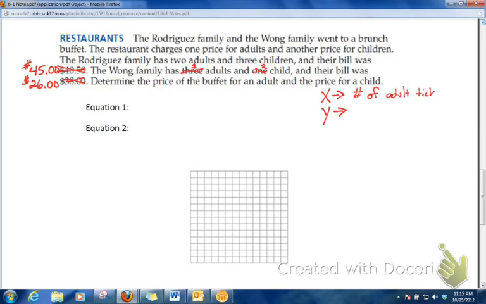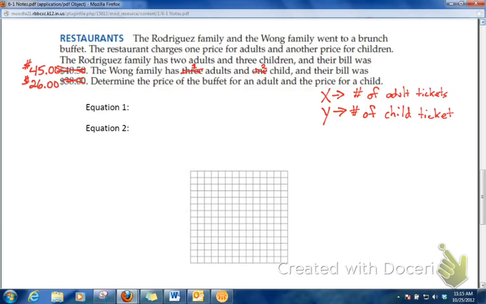By tickets, I mean the bill ticket for that one individual adult. And then the y is going to represent the number of child tickets, or you could just say it represents the price of an adult meal and the price of a child meal.